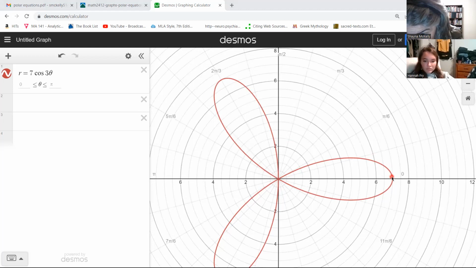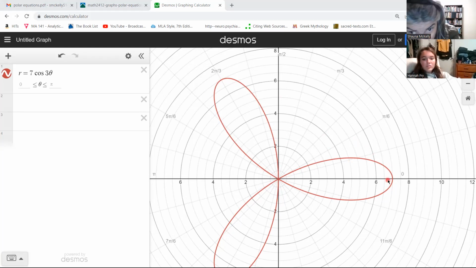The next petal occurs at 2 pi over 3, which is 120 degrees. Pi over 3 is 60 degrees, because pi is 180, so 2 pi thirds is 120. These petals are 120 degrees apart.